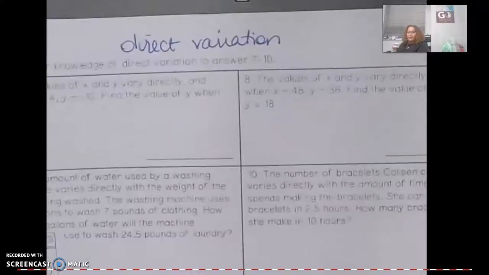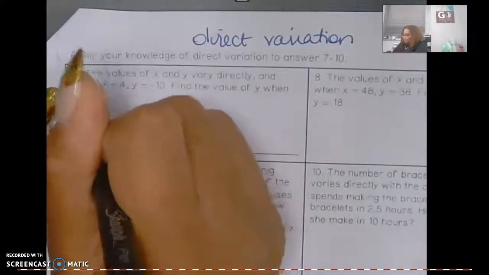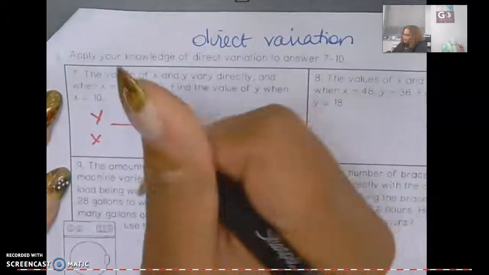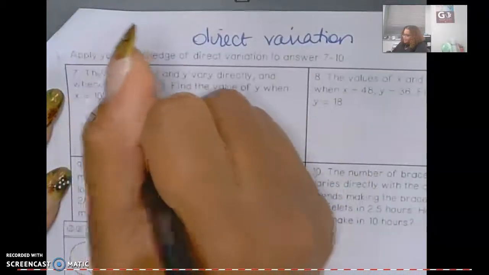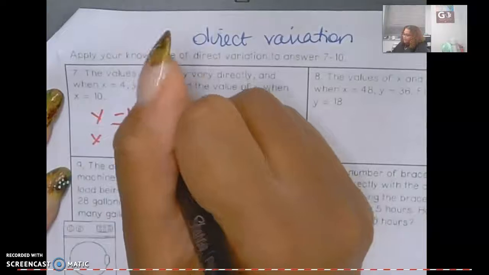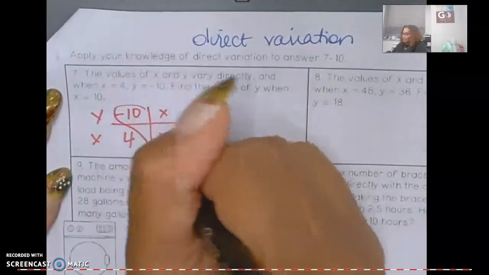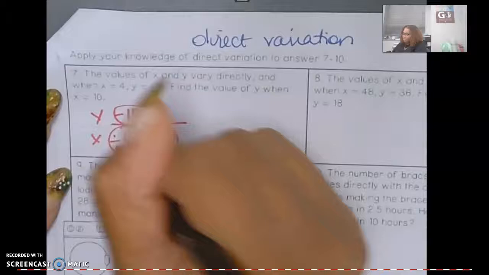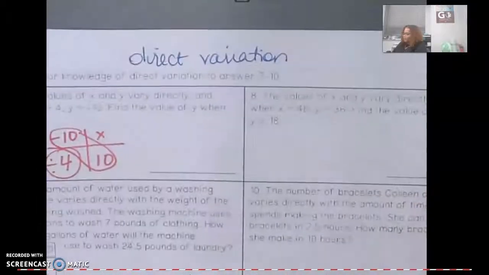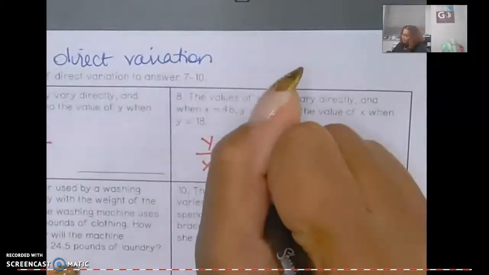Up here, direct variation. These are proportions. Y goes over x. So when y is negative 10, x is 4. What is y when x is 10? You could find a multiplicative relationship here, or you can cross multiply and divide. That will work every time. Over here, y over x.